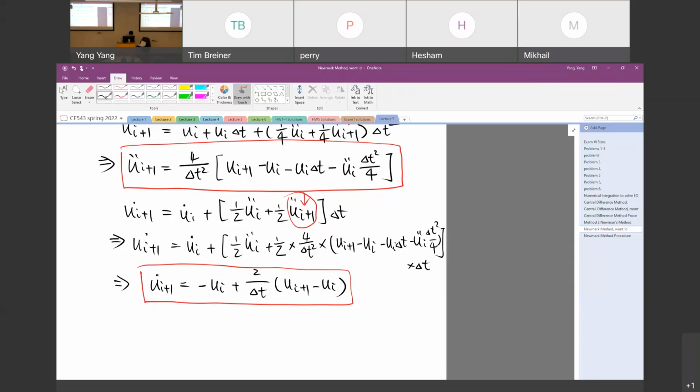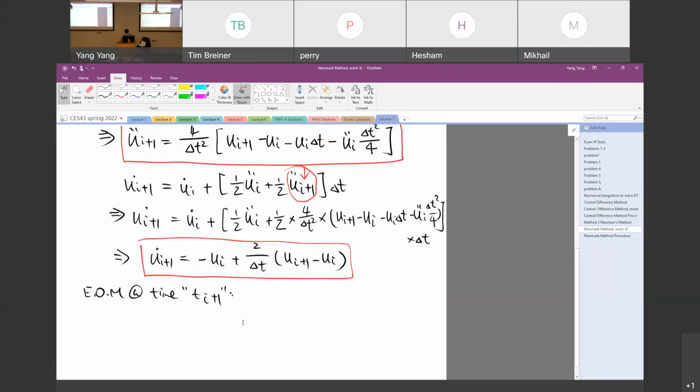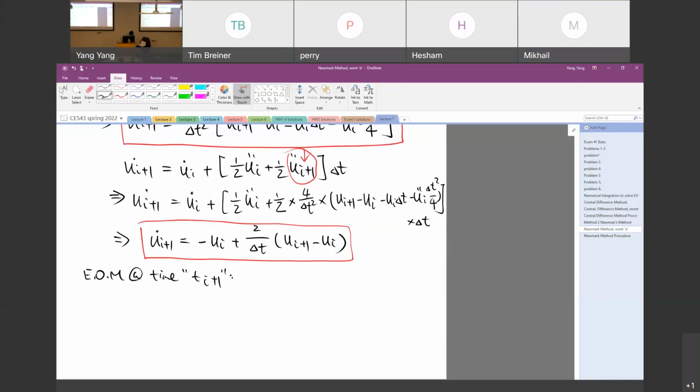So now we use the equation of motion. So at the time i plus 1, we have the inertial force plus the damping force plus the spring force equal to the external force, right?